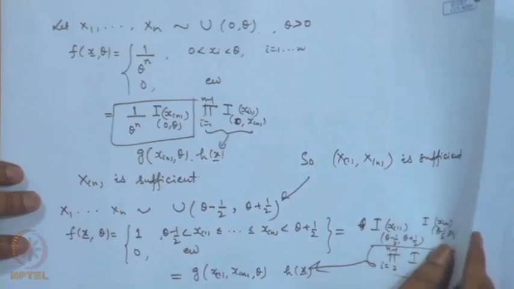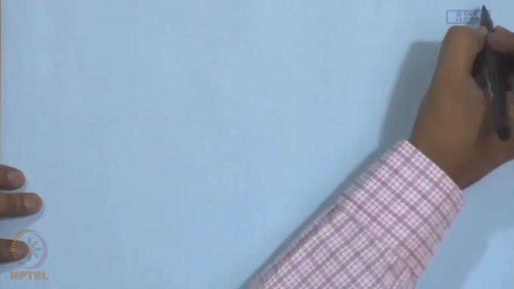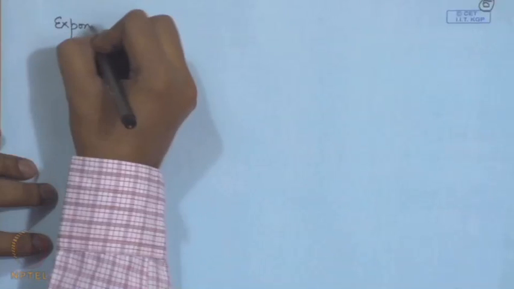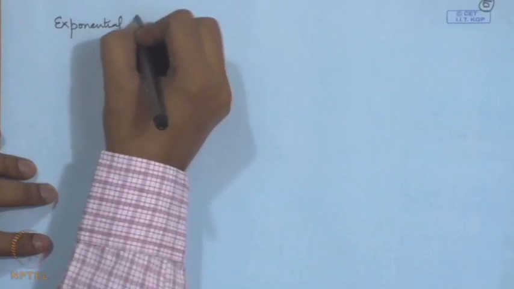Now, this factorization theorem is very useful if we are considering a general distribution in an exponential family. So, let us consider distributions in the exponential family.